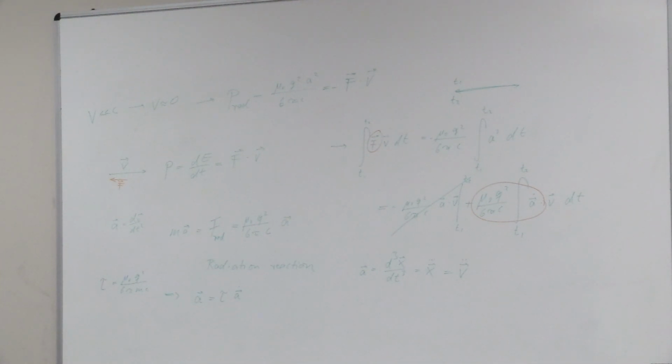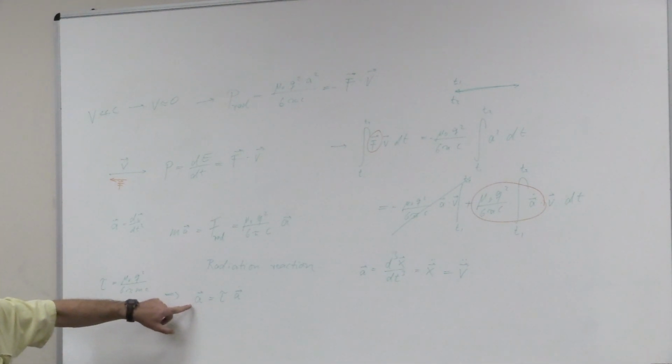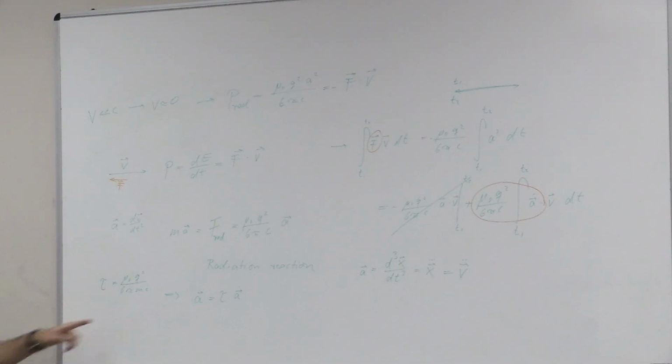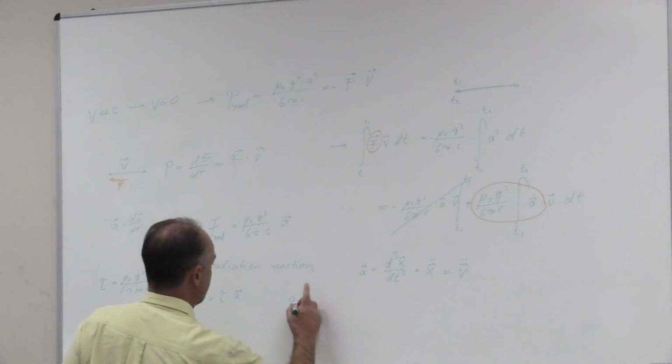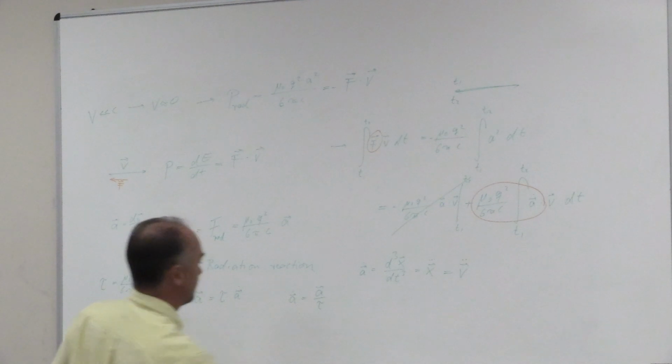The time derivative of a is proportional to a itself modulo some time scale. Tau has the unit of time, or a dot is a over tau.